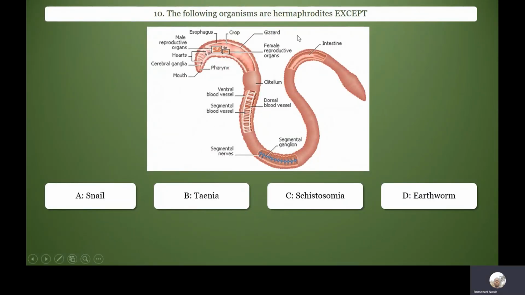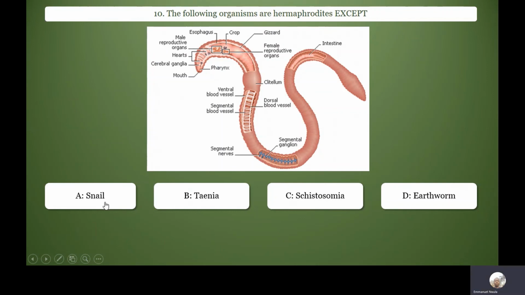The following organisms are hermaphrodites except, the correct option here is C, schistosomes. These worms, schistosomes, are not hermaphrodites. They have the male and the female organism.